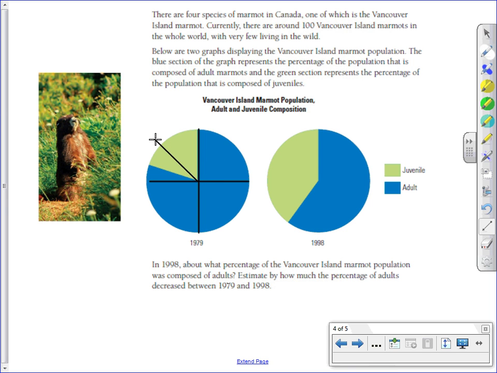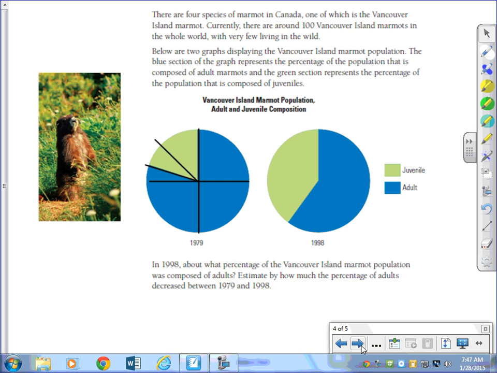Halfway down the middle here is 45, so it's about 20 degrees there. So the blue part, if this is 20 degrees there, 20 plus 270 is 290 degrees total for the blue. Subtract that from 360, the green must be about 70 degrees. And that would be one way to estimate it.